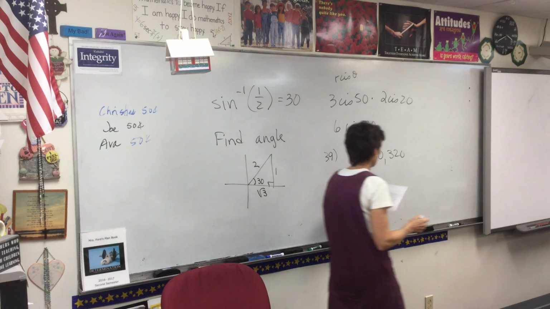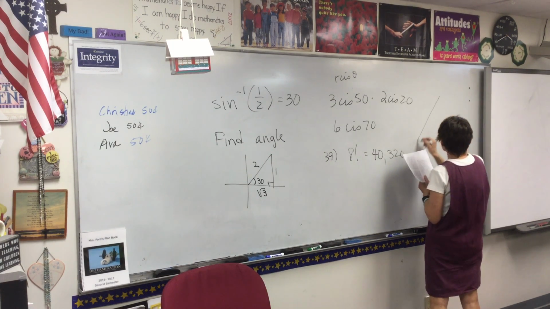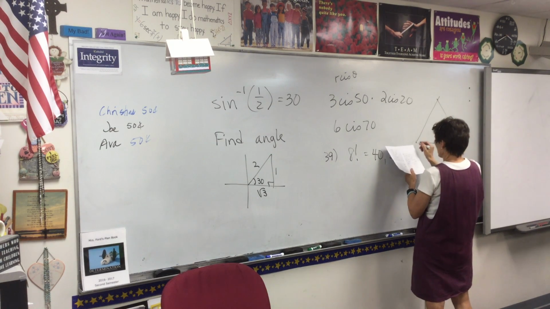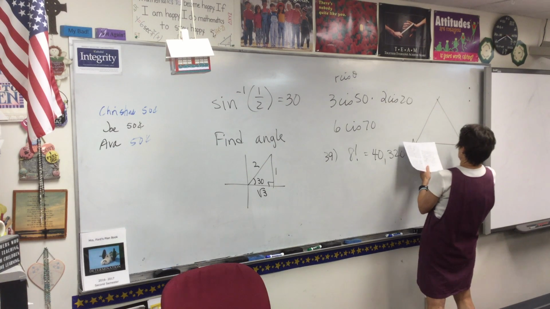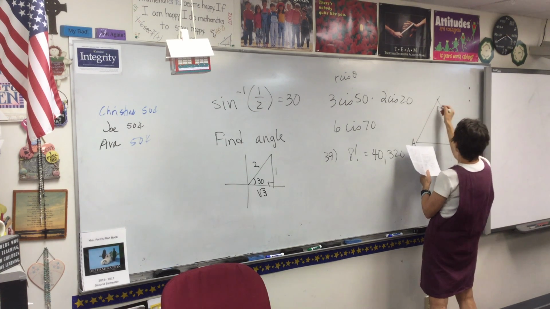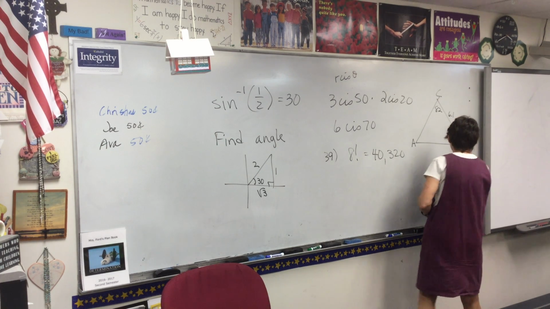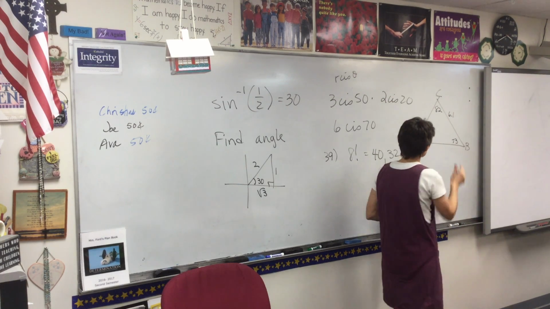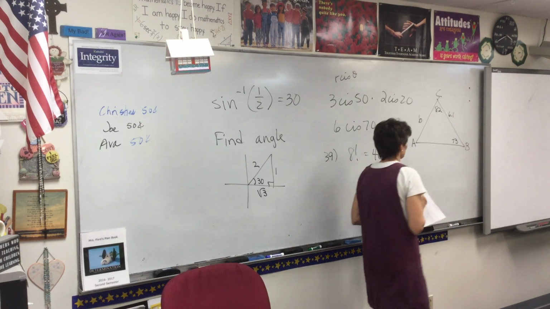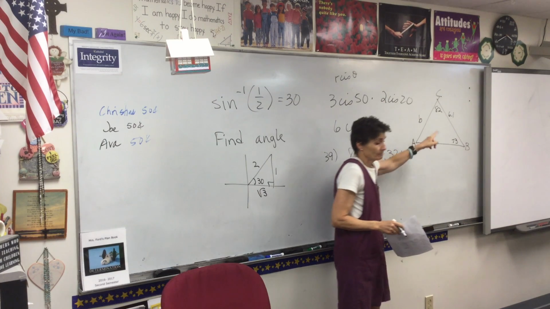Okay, number 41. We definitely need a calculator for number 41. 41 says, find side B, which would be right here. So this is what you're finding.